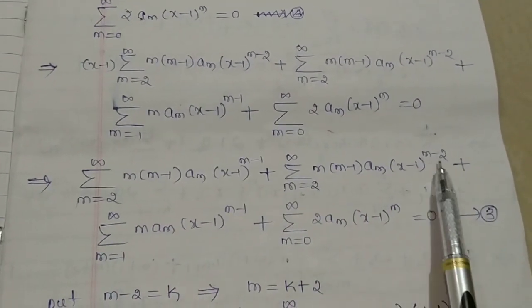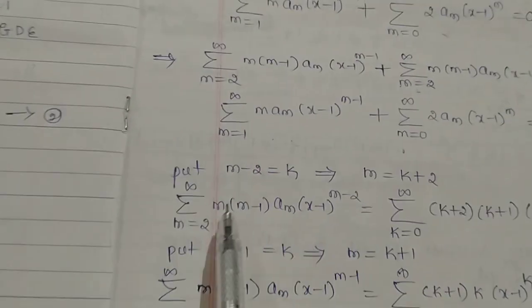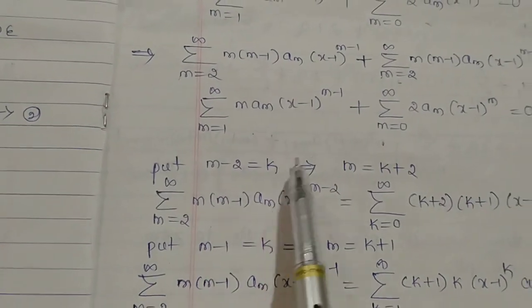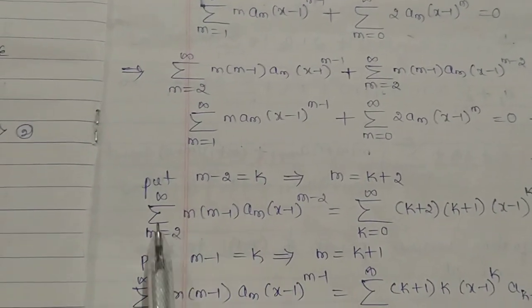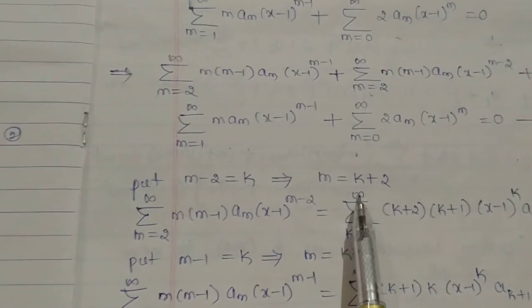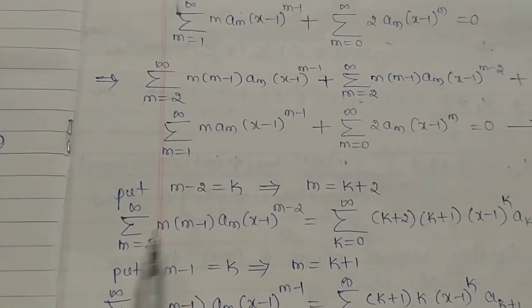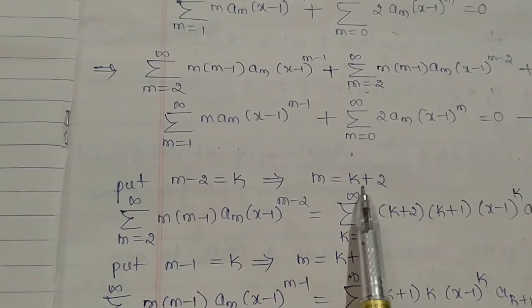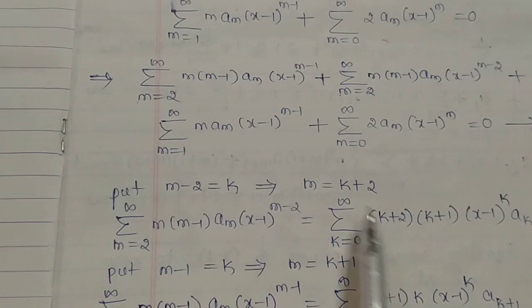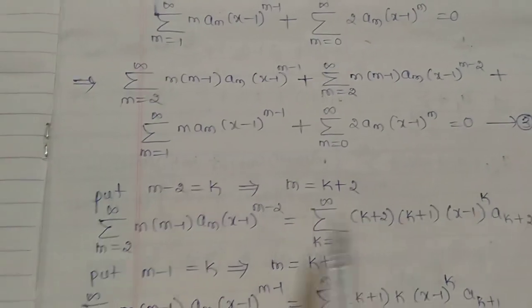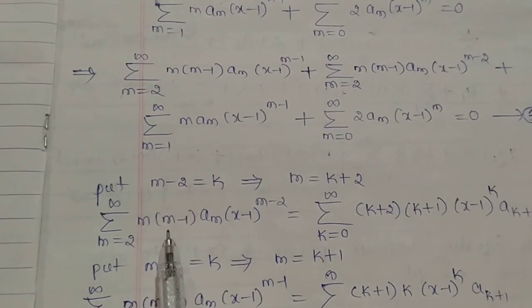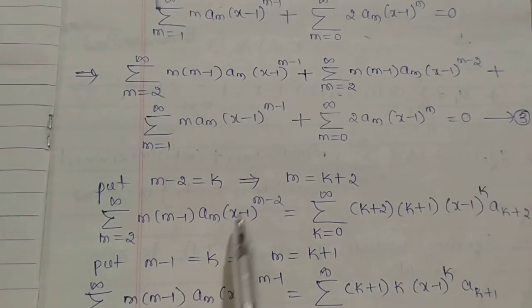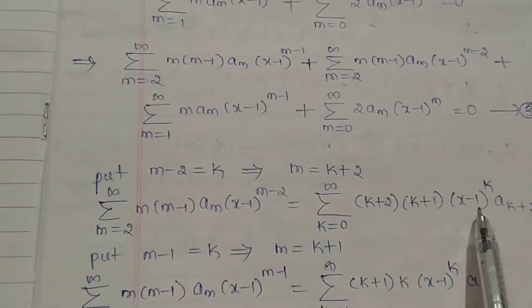First I will equate m − 2 to k, that is, substitute m − 2 = k, so my m will be k + 2, and the range m = 2 to infinity becomes k = 0 to infinity. In place of m I have to keep k + 2: k + 1, because m is k + 2, minus 1 will be k + 1, a_(k+2) (x − 1) to the power k.